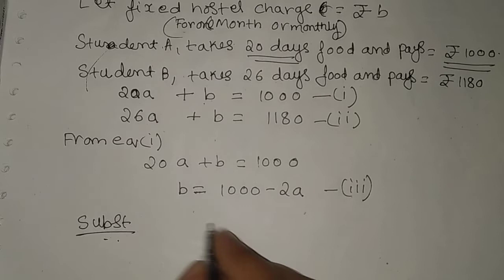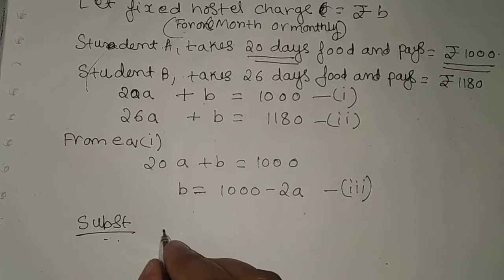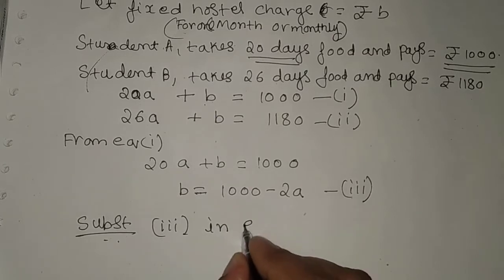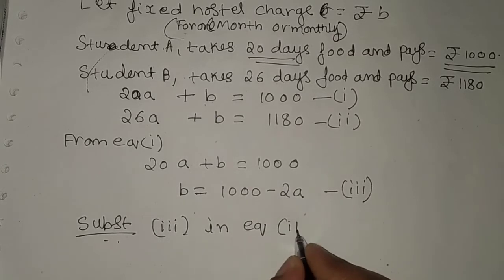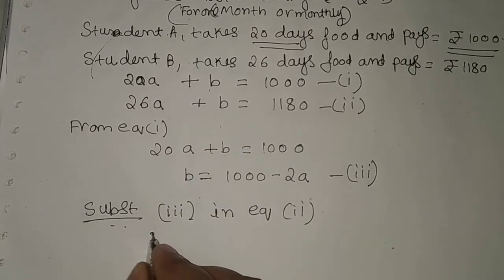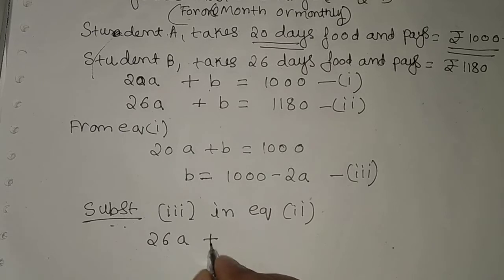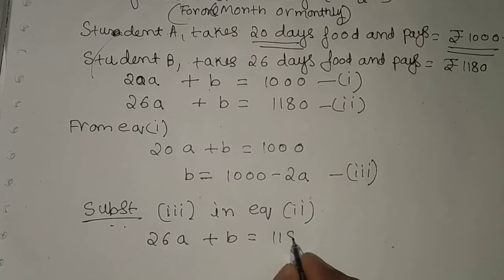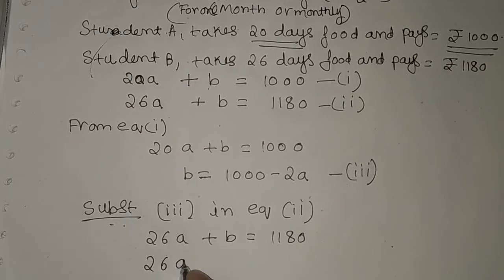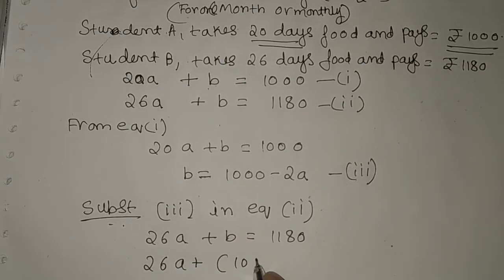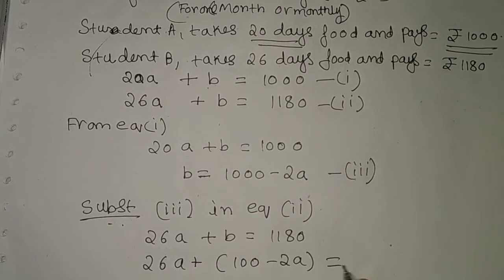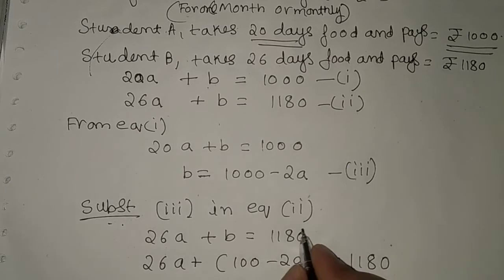Substitute b from equation 3 in equation 2. Take equation 2, 26a plus b is equal to 1180. Then substitute this. 26a plus b, b is 1000 minus 20a, is equal to 1180.